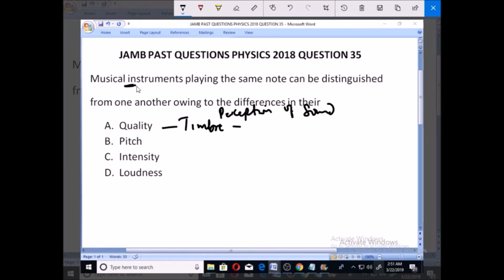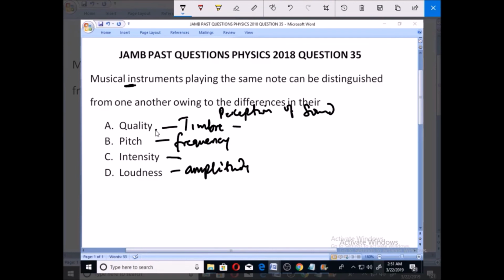So if there are different instruments, you can easily identify them by their quality or timbre. The pitch has something to do with the frequency of the sound produced, and loudness has to do with the amplitude, how loud or soft a sound is. The intensity has to do with the intensity of the sound coming out.